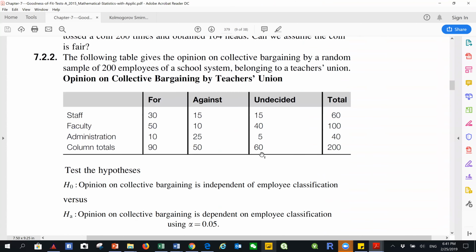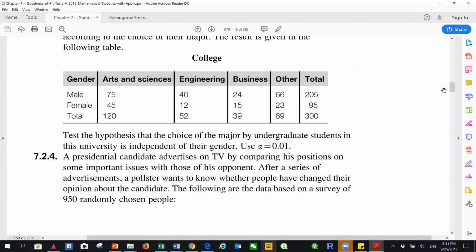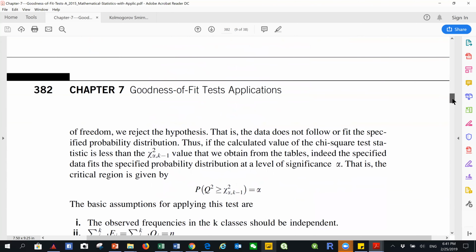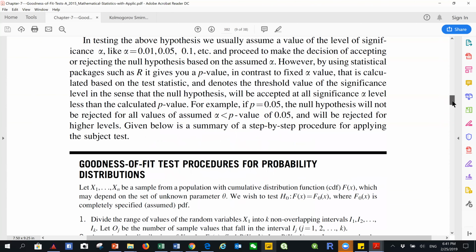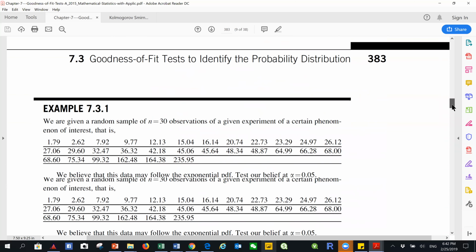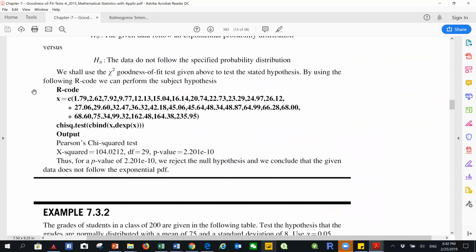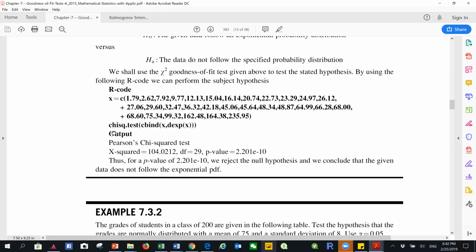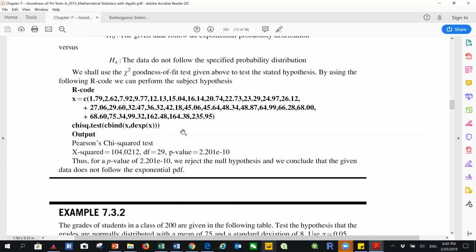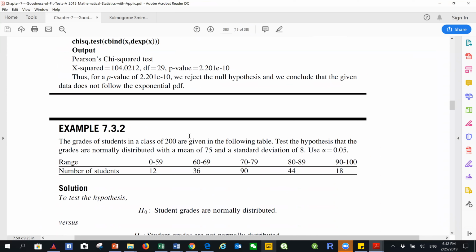Okay, so this is section 7.2. We want to go faster. You can use the chi-square test and compare your result if you do it manually, or you can just use R. I am not against you just using R alone, okay?